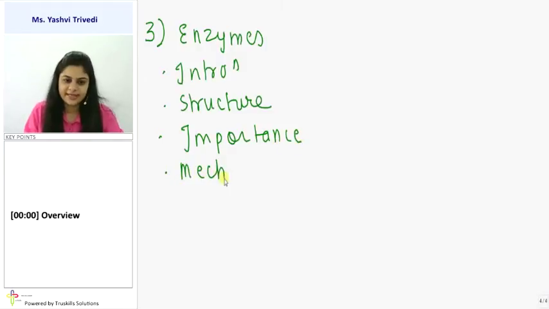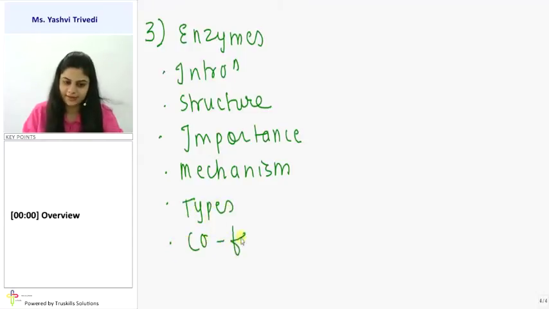Then we'll see the mechanism of the enzyme, that is how they are binding and how they are showing their activity. Then we will see the types of enzymes, and finally there is a short note on cofactor or coenzyme.